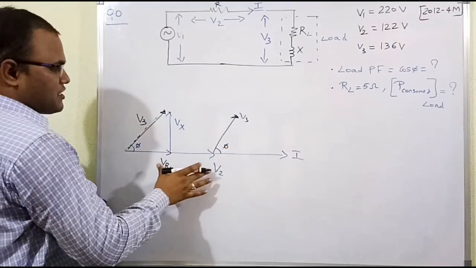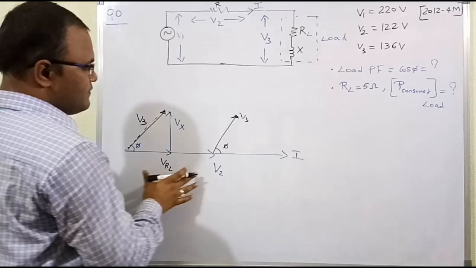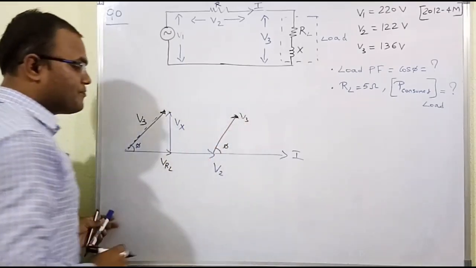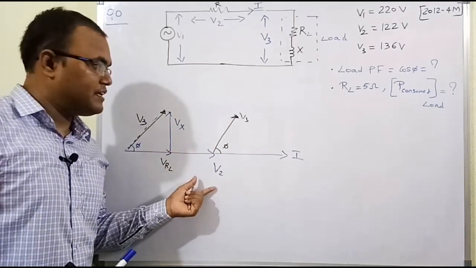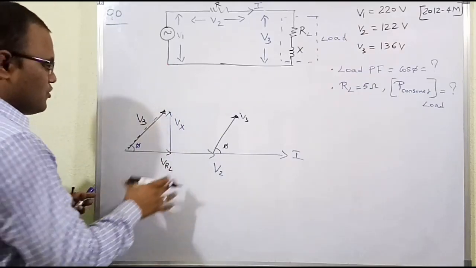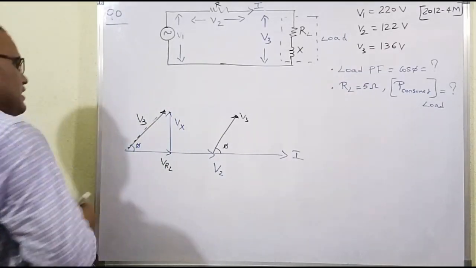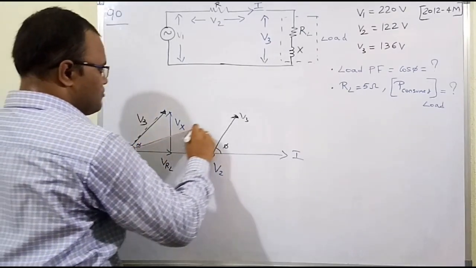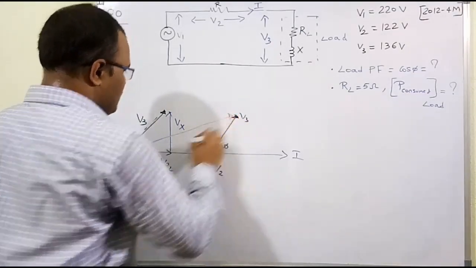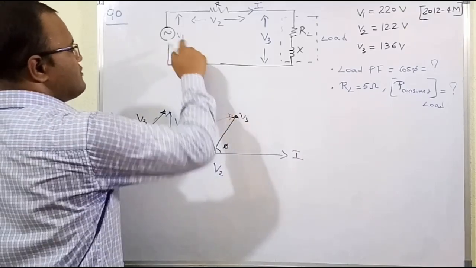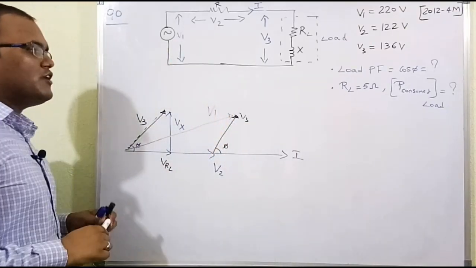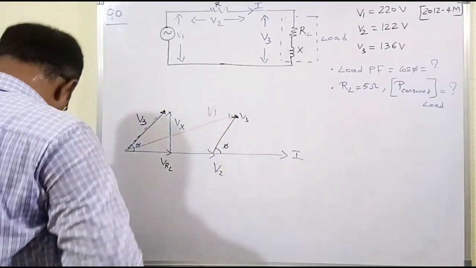These two, V2 and V3, their net vector addition will become V1. This one, from tail to arrow, this part will become V1. I hope now you understood the phasor diagram of this.